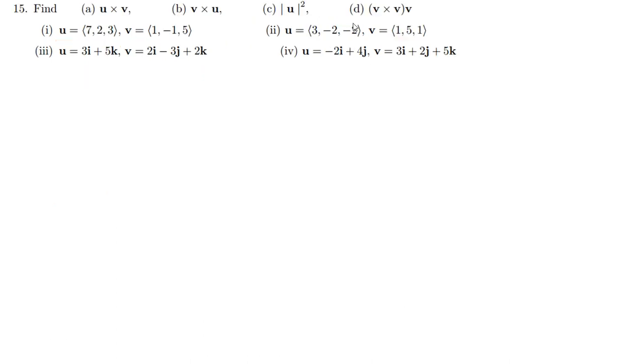Alright, so we move on to the cross product. When you talk about the cross product of two vectors, you'll be taken back to matrices.